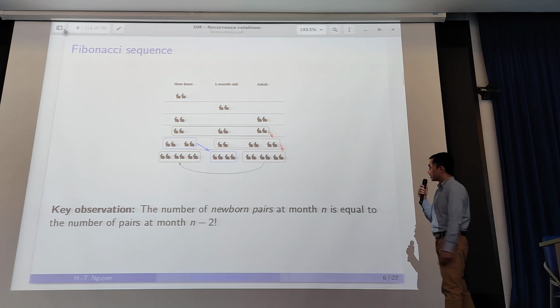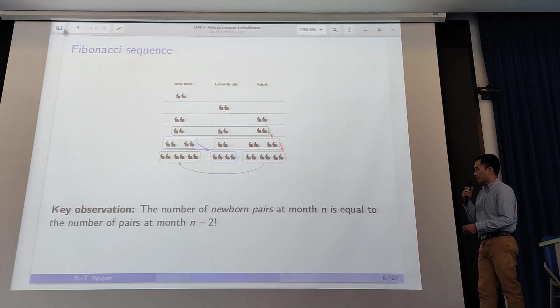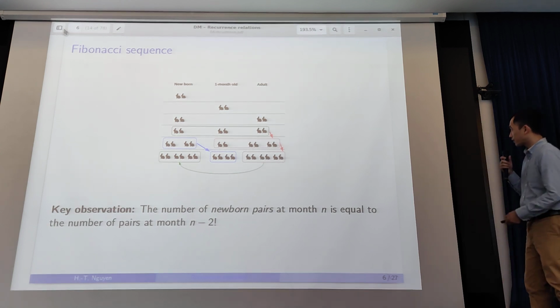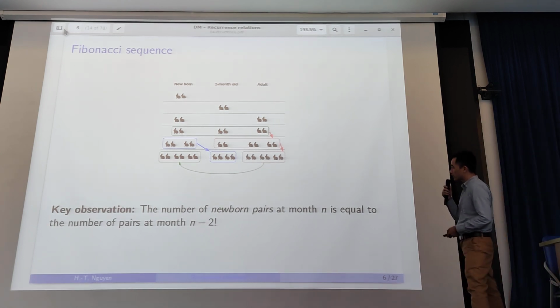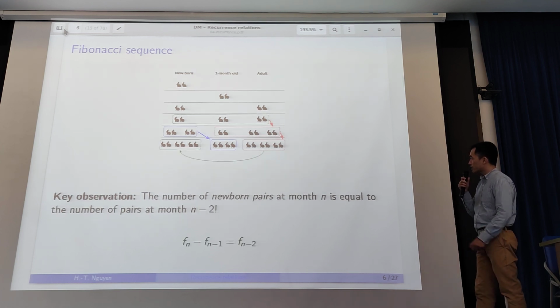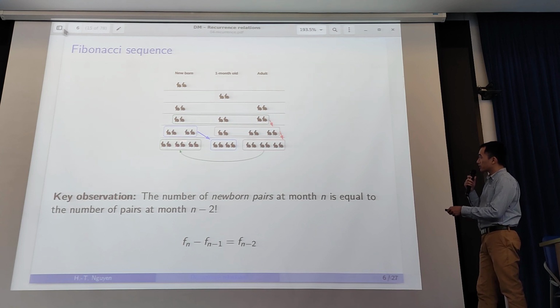In summary, I write down the key observation here, and from this key observation, in combination with this picture, you can see that we have the difference here.